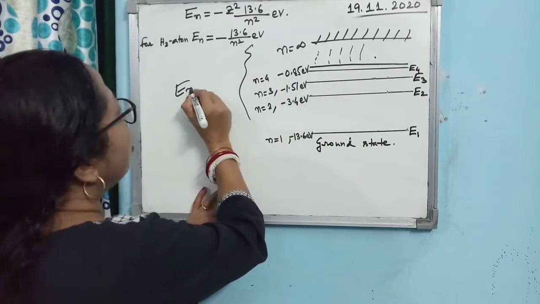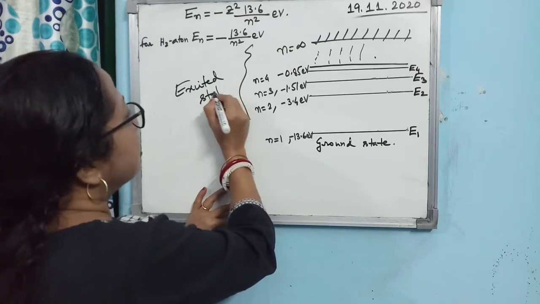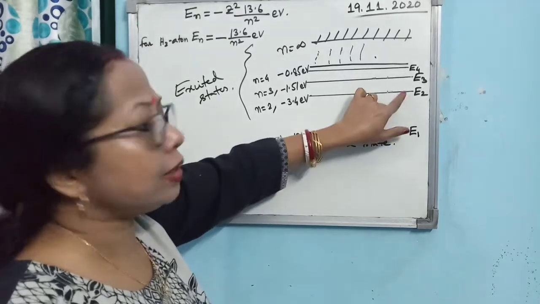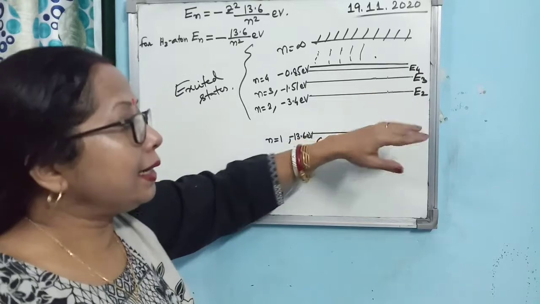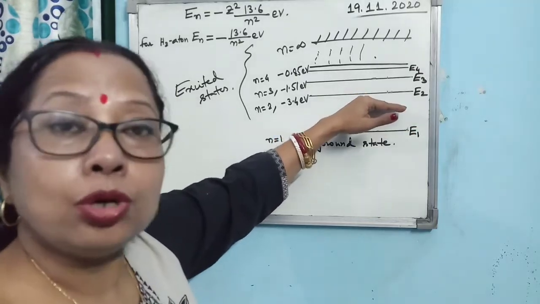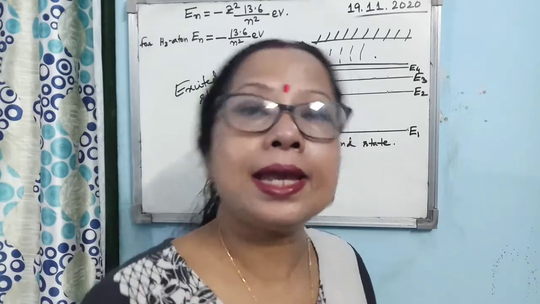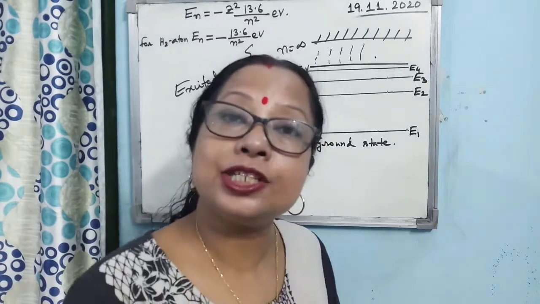Alright, like that, when an atom moves from the ground state to any excited state, as I said already, all these states are known as the excited states. Suppose one electron has moved from E1 to E2. So E2 is the first excited state, and it needs some energy to move to the excited state. The energy needed by an electron to move from the ground state to an excited state is known as the excitation energy.